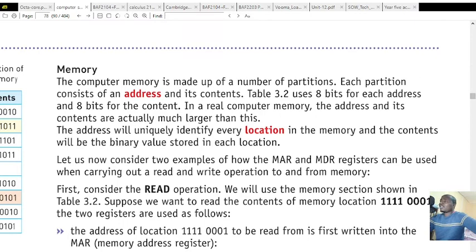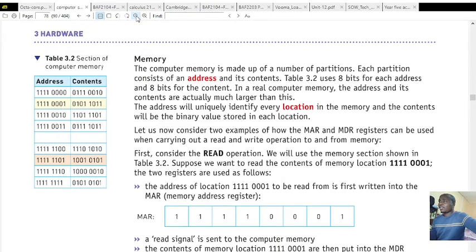So we have a table here, table 3.2, which gives you the memory locations, their numbers, and the content they hold, or the information in the addresses stipulated on this table.